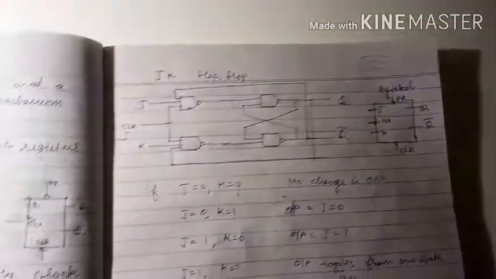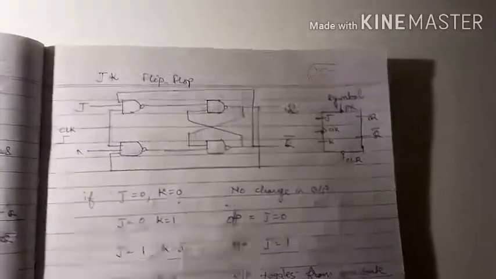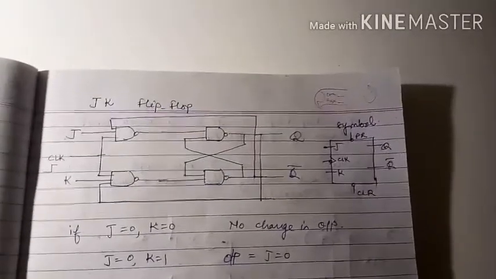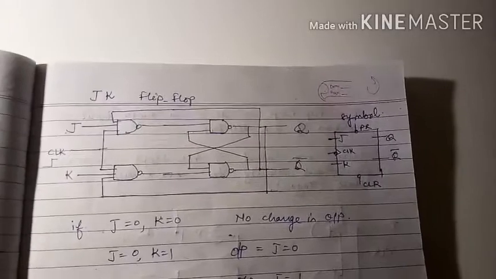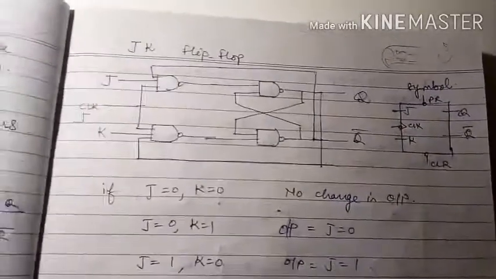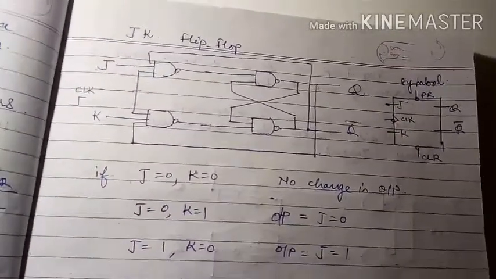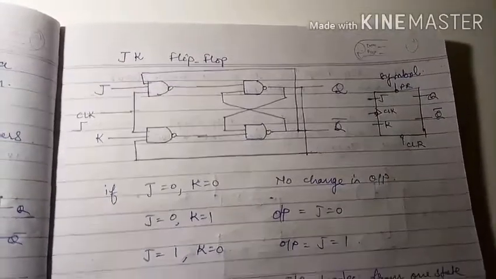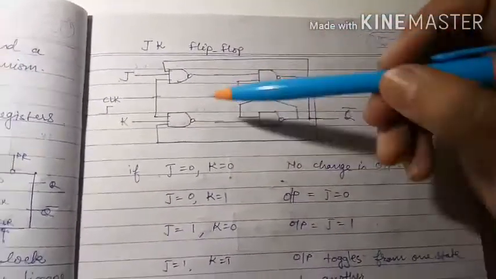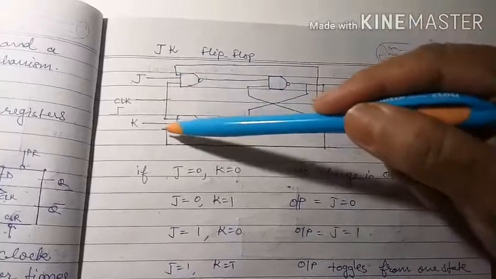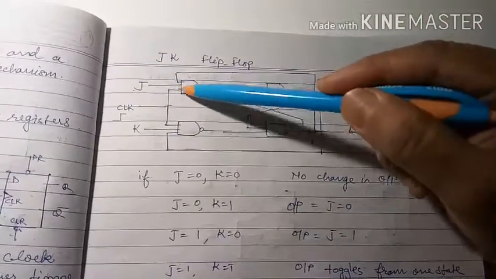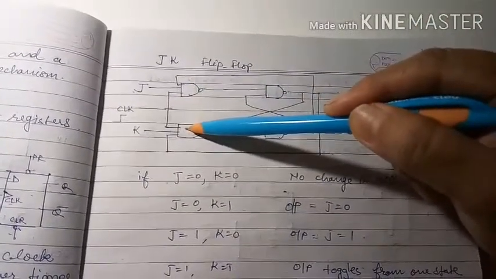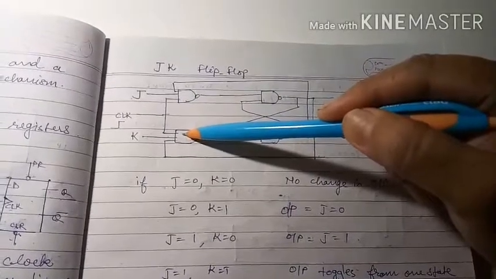Let us see the circuit of the JK flip-flop. You can see the JK flip-flop circuit and the symbol of the JK flip-flop. Now instead of R and S inputs, we are using J and K. This is the J input, this is the K input, and it is again the clocked or gated mechanism.